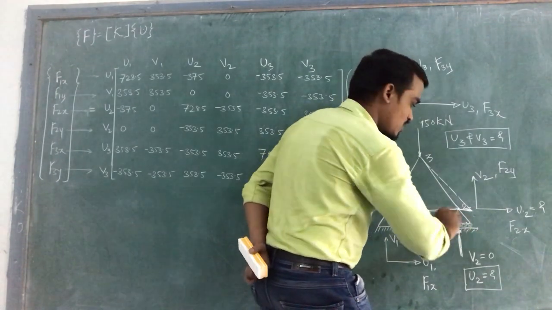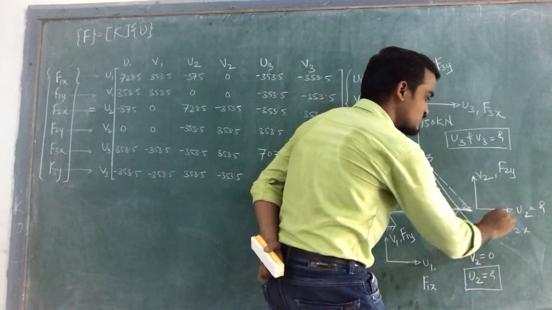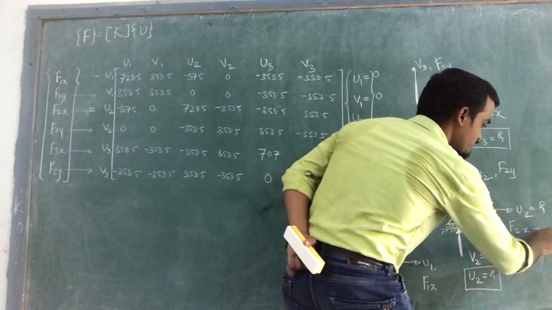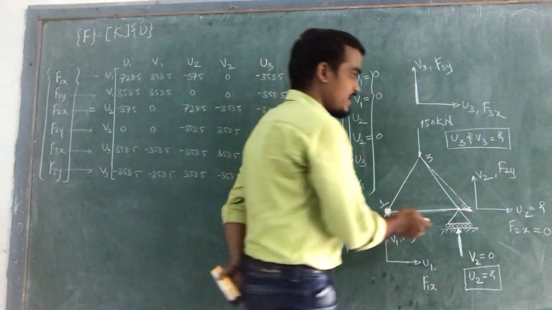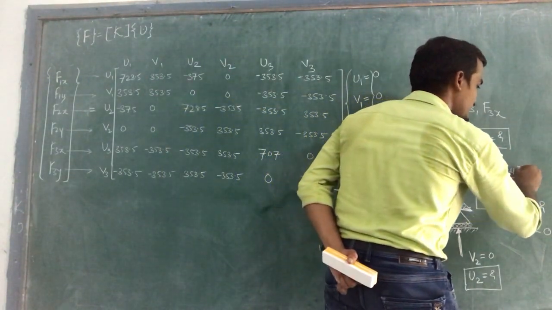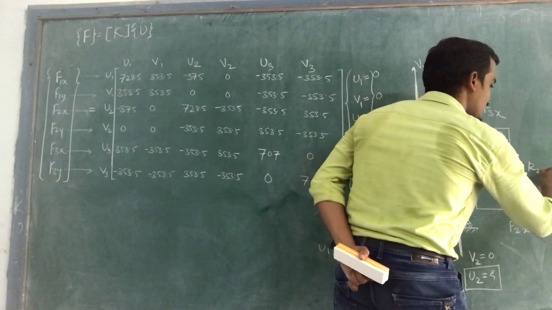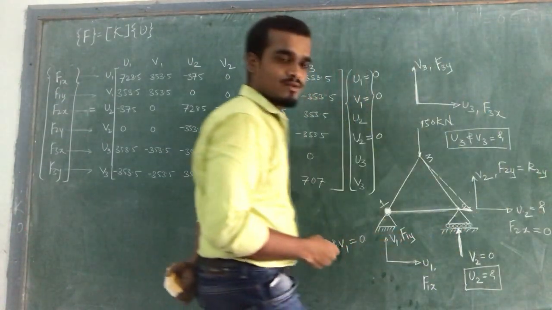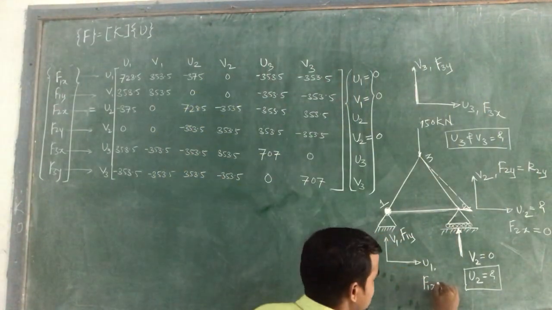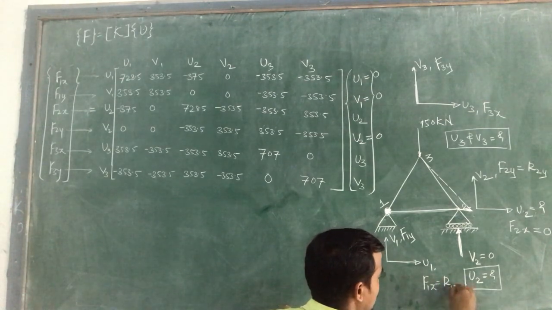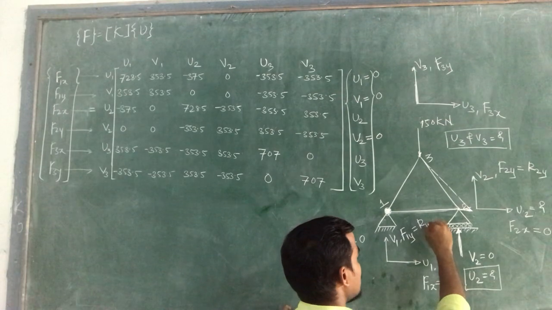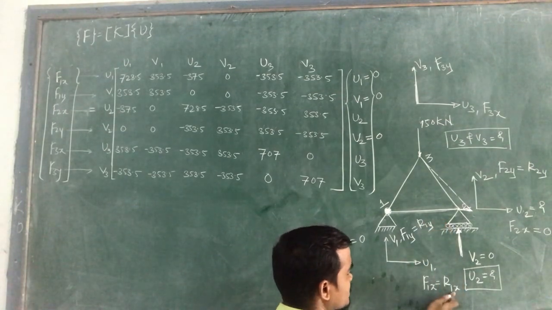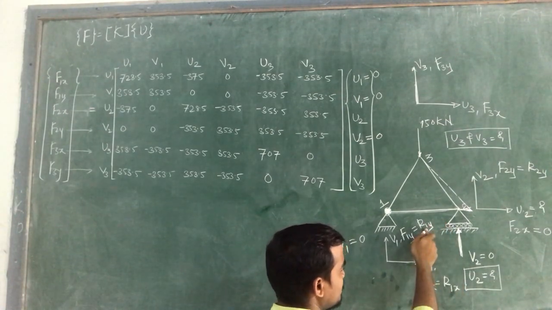Okay, so horizontal force is not given, so F2x is equal to 0. And F2y is nothing but equal to your R2y. F1x is nothing but equal to your R1x, and F1y is equal to R1y. Means support reaction in horizontal direction, support reaction in vertical direction.